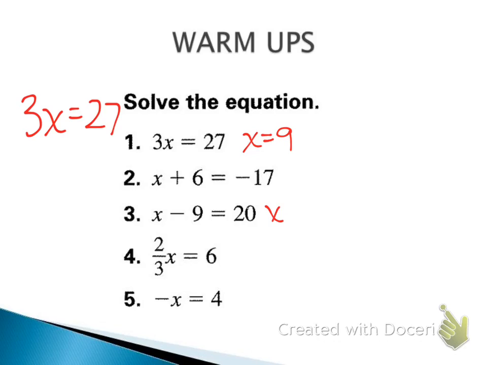X equals negative 23, but you subtract 6 from both sides. On number 3, Sydney, what did you get? Wonderful. On number 4, John, what did you get?